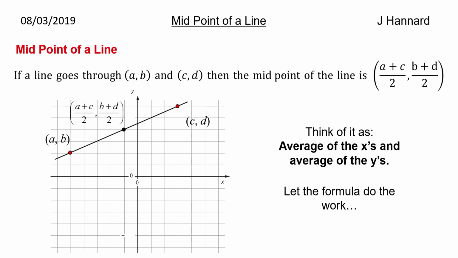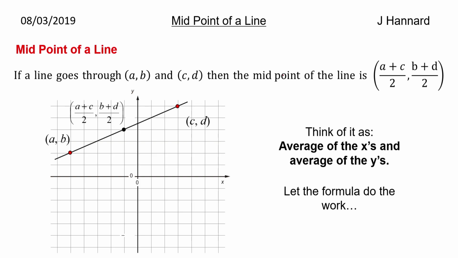So once again, we have our formula here. If a line goes through (A, B) and (C, D), then the midpoint of the line is (A plus C over 2, B plus D over 2). The way I think of it is the average of the x's and the average of the y's. We let the formula do the work, or you can sometimes spot it.